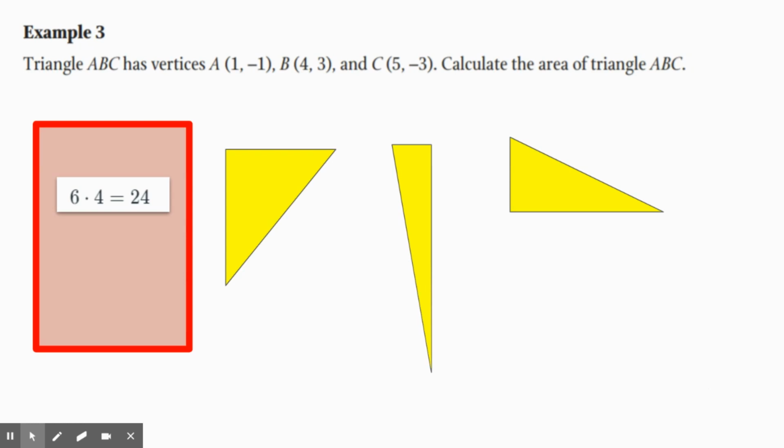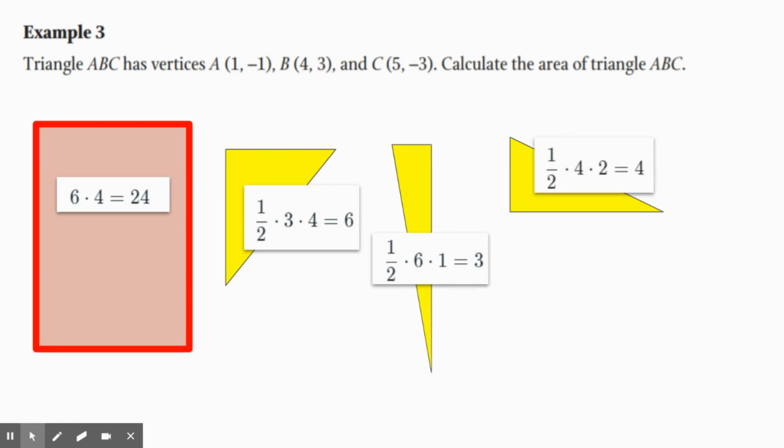The area of the rectangle is 6 units by 4 units, so it's 6 times 4 equals 24. The first right triangle is 1/2 times 3 units by 4 units, and so that's an area of 6 square units. The second triangle is going to be 3 square units, and the third triangle is 4 square units.